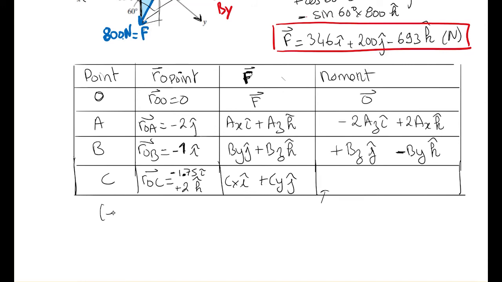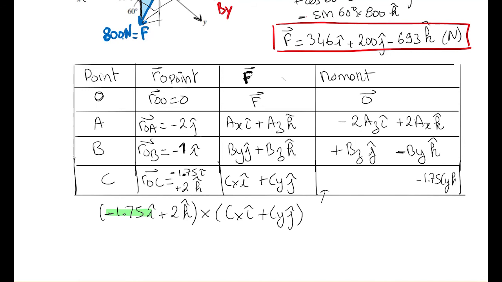There. Moment. Okay, let's write for this one. So I need to do minus 1.75 I at plus 2 K at cross product CX I at plus CY J at. Let's look first at this one. Minus 1.75 I at times CX I at is 0, minus 1.75 I at cross this one J at will be K, so it will be minus 1.75 CY on K at.